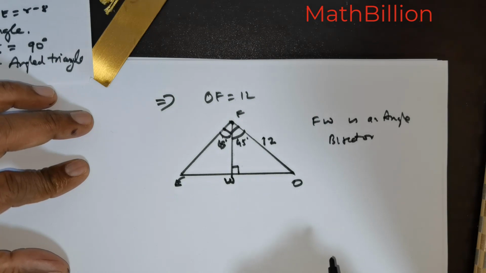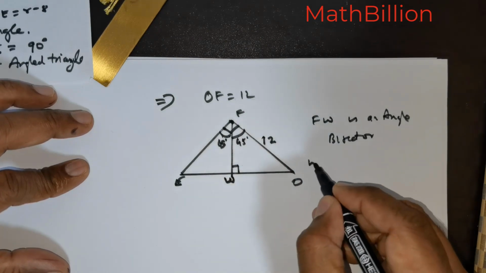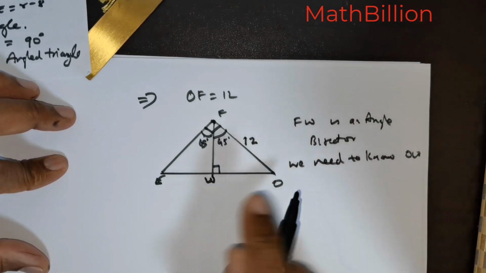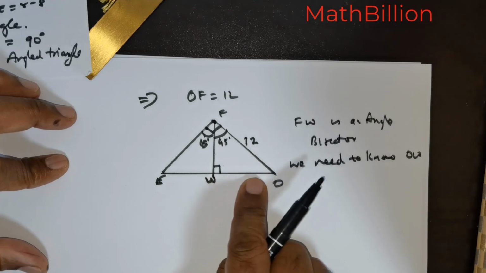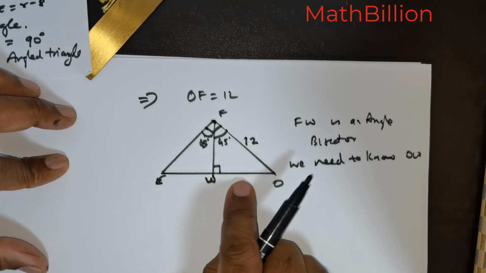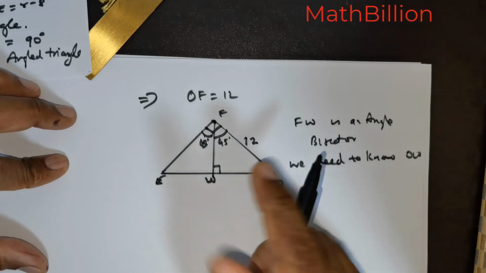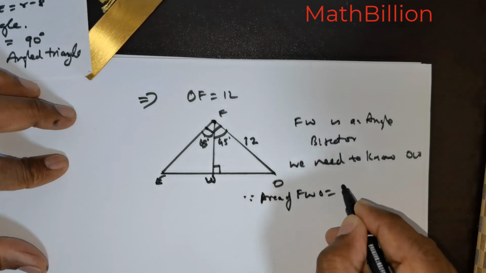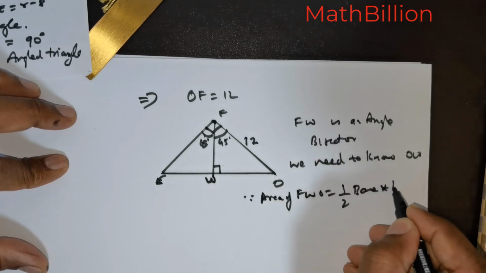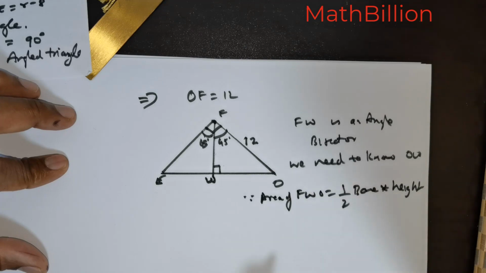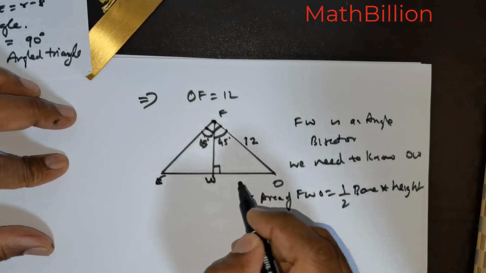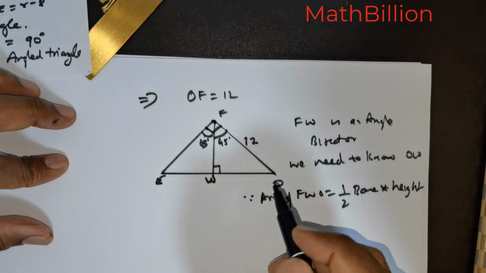Now to get this area, we need to know OW, because that is important, since area of FWO is equal to half times base into height. This is the formula we will have to use.